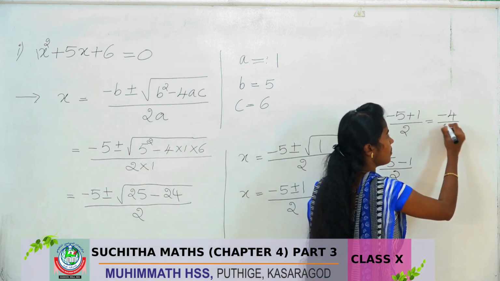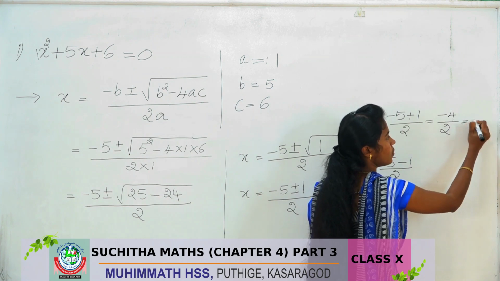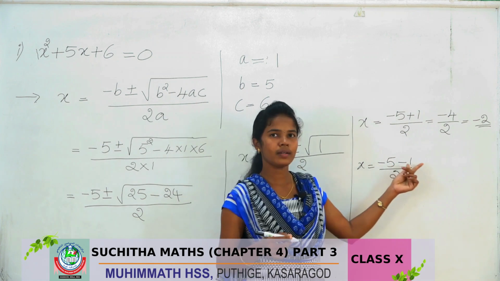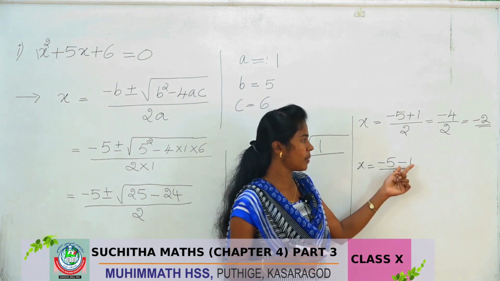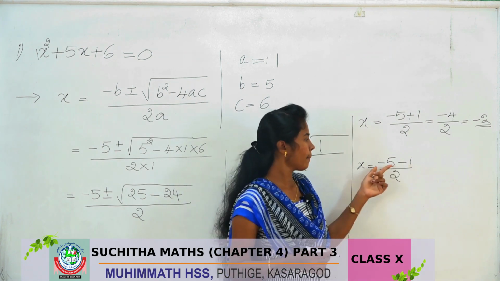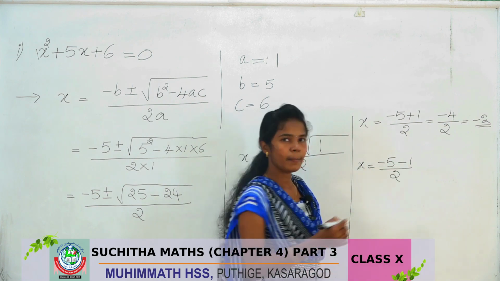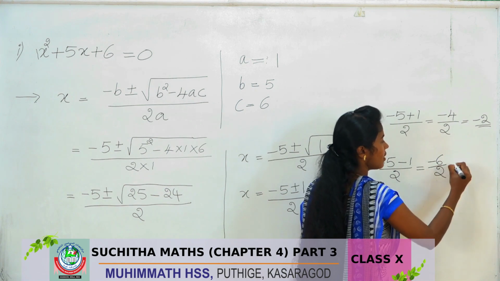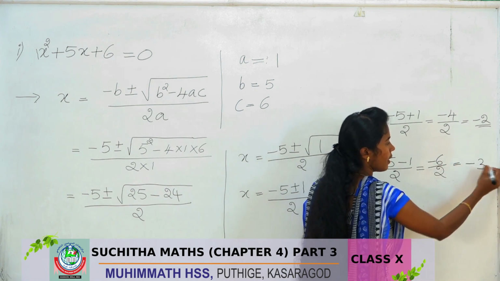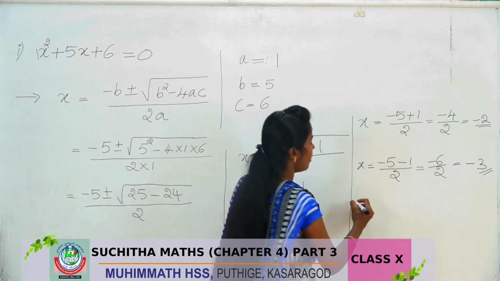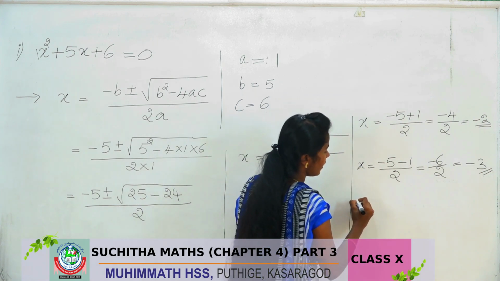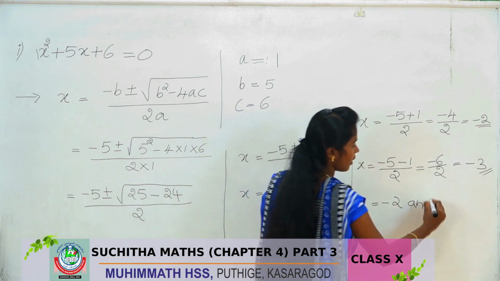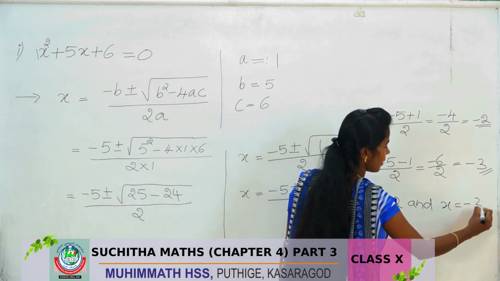Minus 4 divided by 2 is minus 2. Here minus 5 minus 1: both signs are minus, so minus 5 minus 1 is minus 6. Minus 6 divided by 2 is minus 3. So the values of x are x equal to minus 2 and x equal to minus 3.